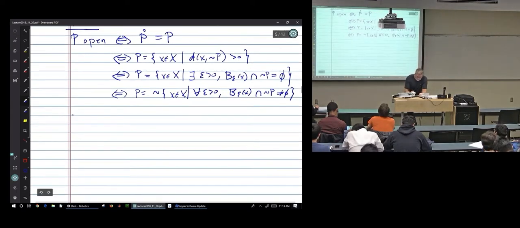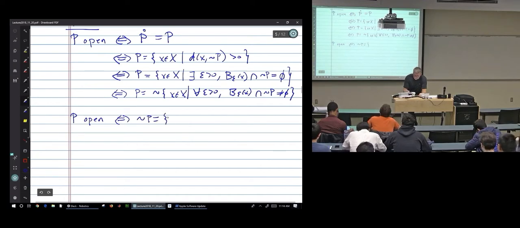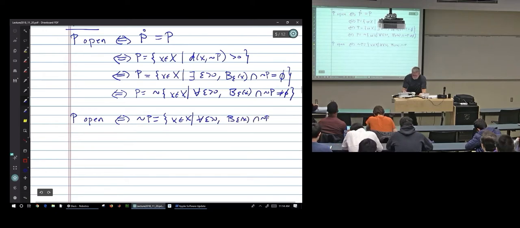So P is open if and only if the complement of P is equal to the complement of the complement of the set of all x in X such that for every epsilon greater than 0, the ball of radius epsilon about x intersected with the complement of P is not empty.